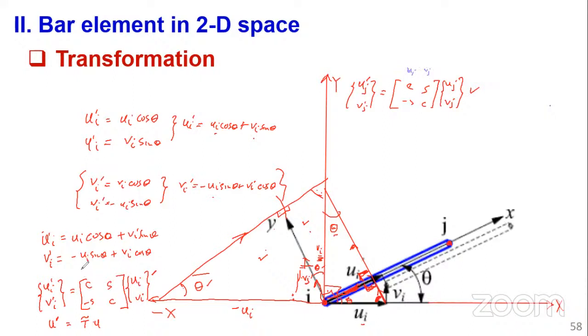Here, this is a component for Ui, Vi. So to merge them, we do the same way: Ui prime, Vi prime, Uj prime, Vj prime is equals to just a combination of this matrix.